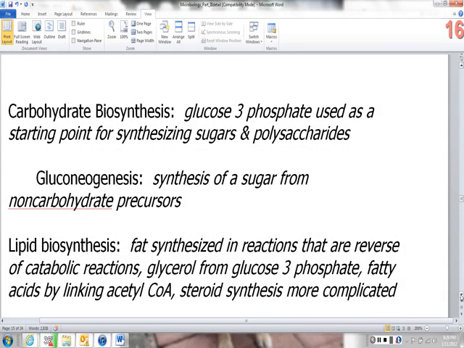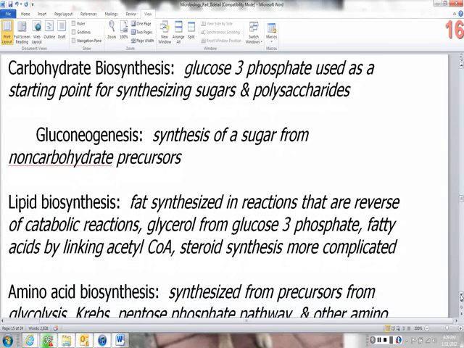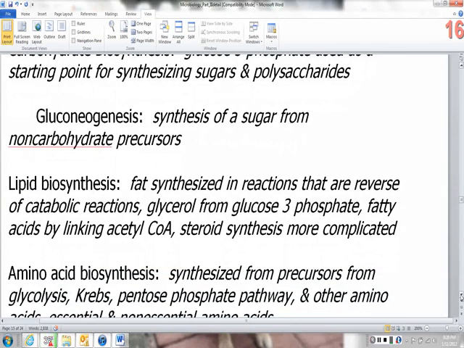Glycerol is formed from glucose 3-phosphate in glycolysis. Fatty acids are formed by linking acetyl-CoA. Steroid synthesis is more complicated.